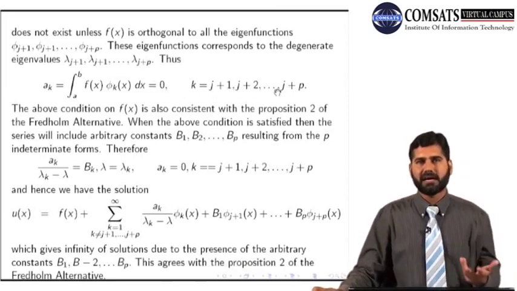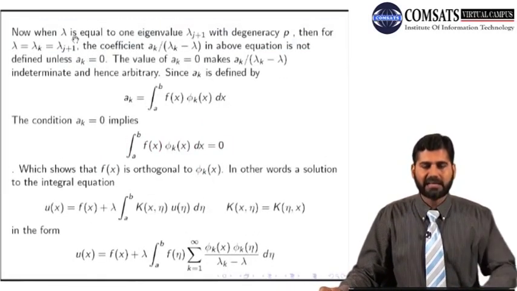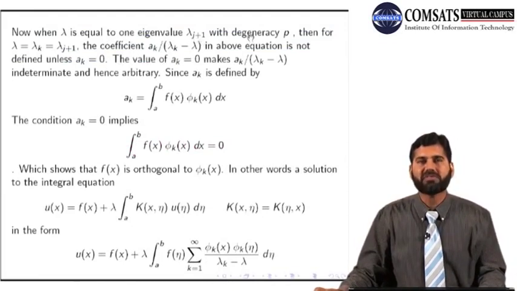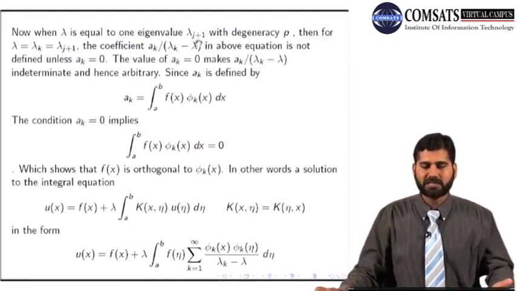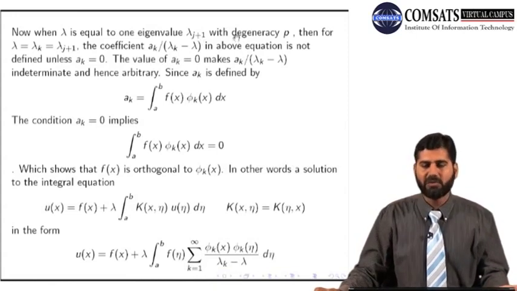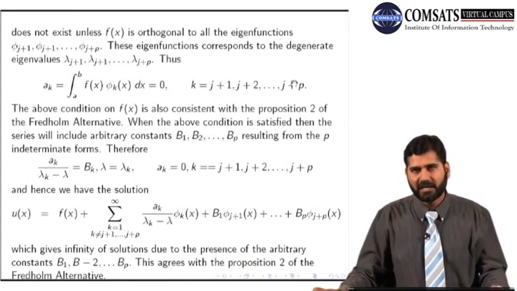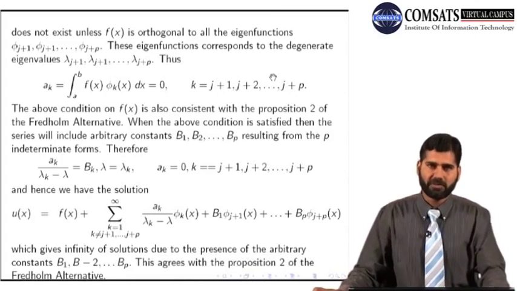We said let lambda be equal to one of the eigenvalues, lambda j plus 1, with degeneracy p. If the degeneracy is p, then it will be true for all of lambda j plus 1, j plus 2, up to j plus p. It's a degenerate eigenvalue, it's repeating.